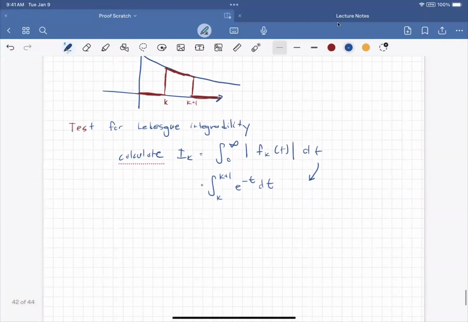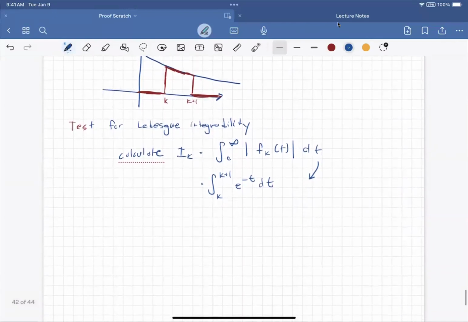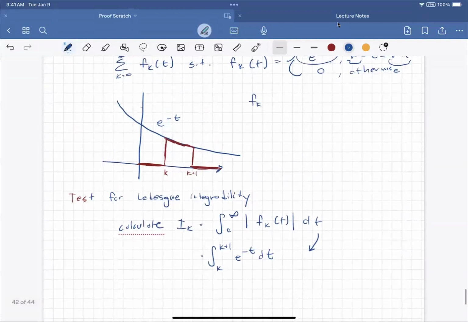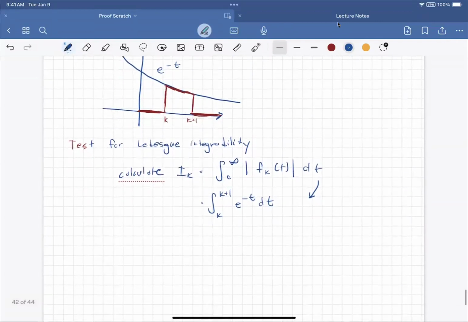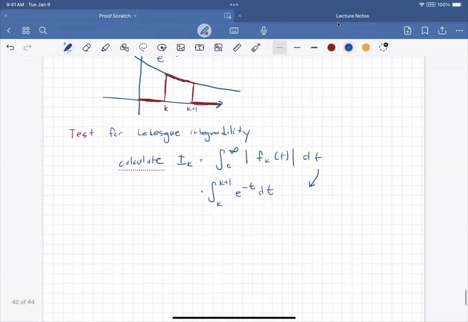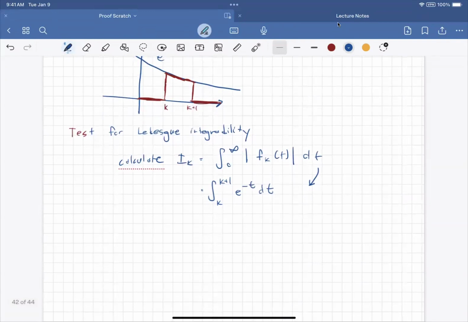Now that we have this setup, the next step is to show whether or not this kth integral converges. For the test for Lebesgue integrability itself, we want to see if this kth integral converges.